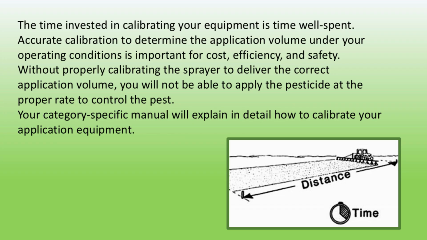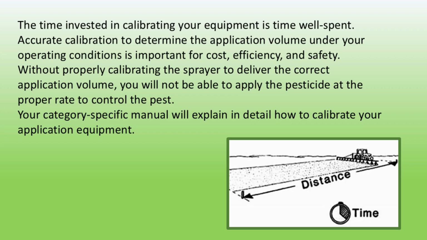Your category-specific manual will explain in detail how to calibrate your application equipment. Think about what I just said. That time you invest in calibrating your equipment is definitely time well spent. Again, this is going to be important for cost, efficiency, and safety.